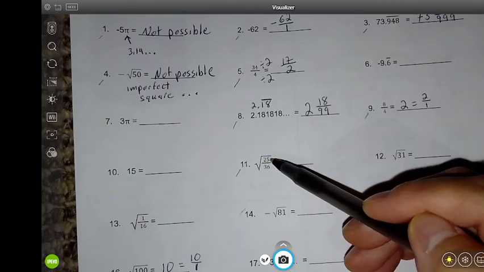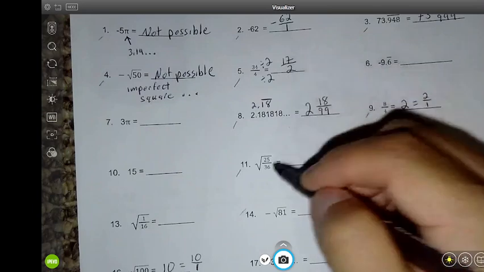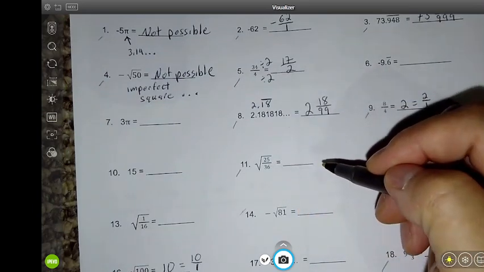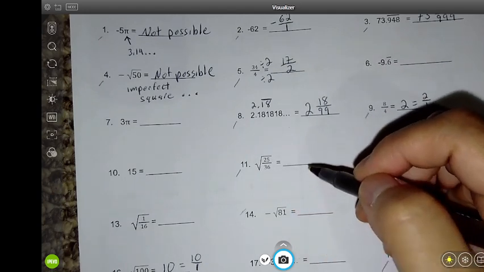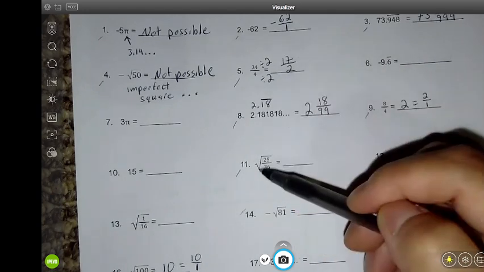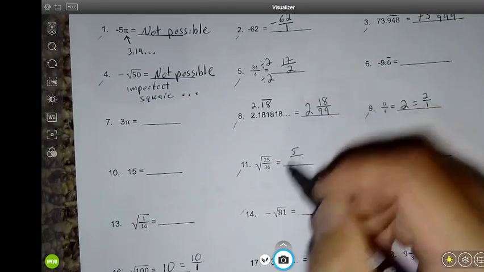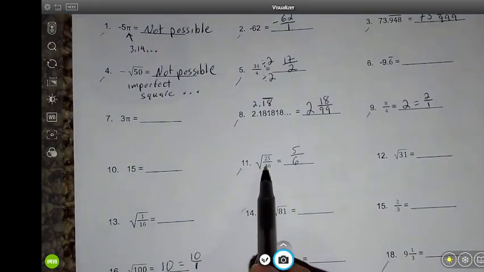These are both perfect squares. Since they're both perfect squares, we're going to take the square root of both of them, and it'll lose the square root sign. Once we take the square root, we lose the square root sign. Square root of 25 is 5. Square root of 36 is 6. There is the square root of 25 over 36 written as a fraction.